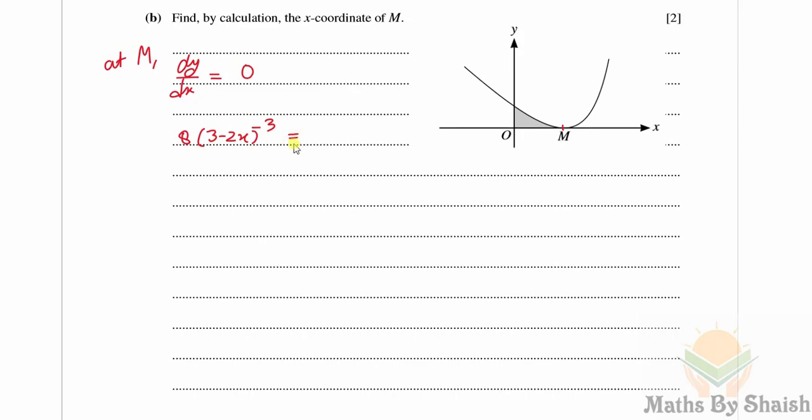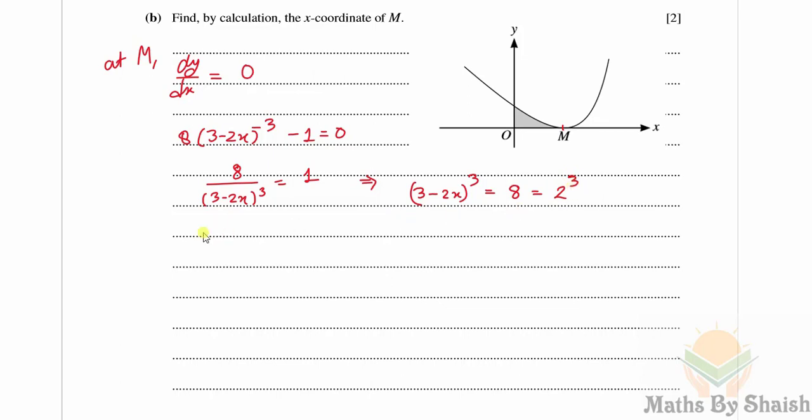It was minus 1 here, so we can write directly as this, and hence I'll take it in the denominator, and it is going to be 8 upon (3 minus 2x) whole cube is equal to 1, or (3 minus 2x) whole cube is equal to 8, which can be written as 2 cube.